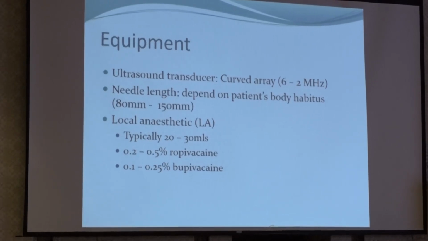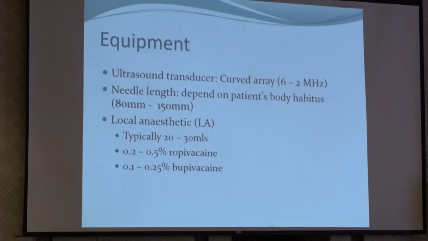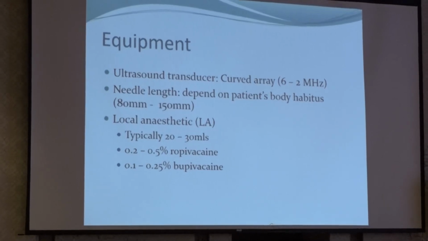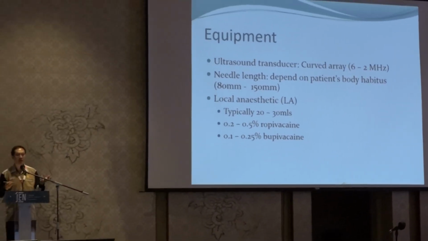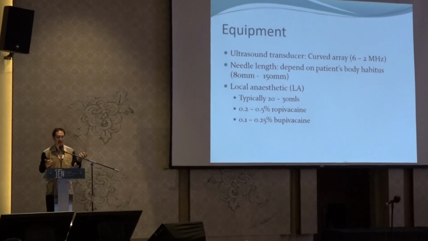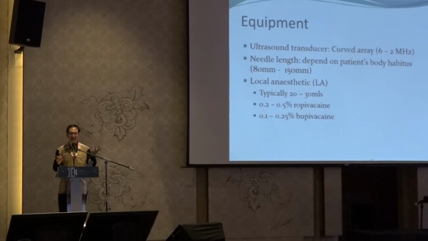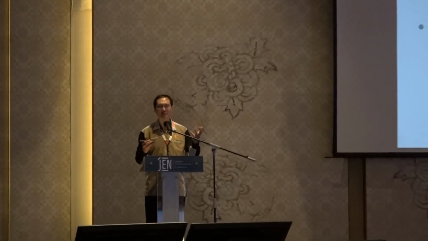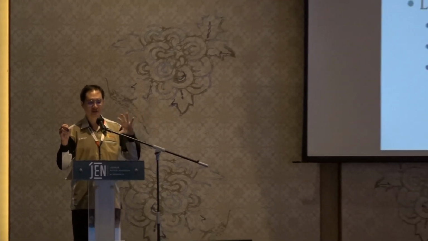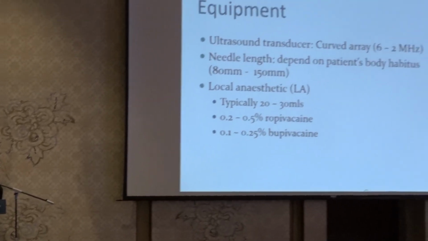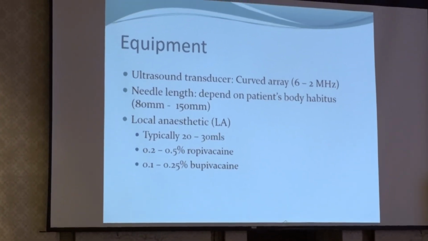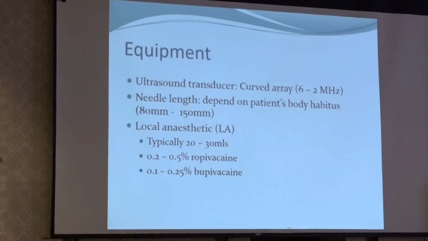Because it's a fascial plane block, you're not targeting a nerve directly. That's why you use a larger volume of local anesthetic, anywhere between 20 to 30 mL of LA. Because of that large volume, sometimes you cannot use a high concentration of LA. The typical concentration of ropivacaine is between 0.2 to 0.375%. In my practice, it is 0.375%. And bupivacaine is 0.1 to 0.25%.